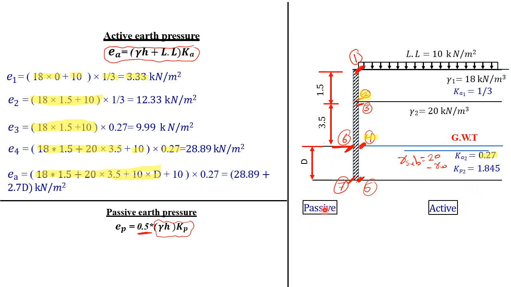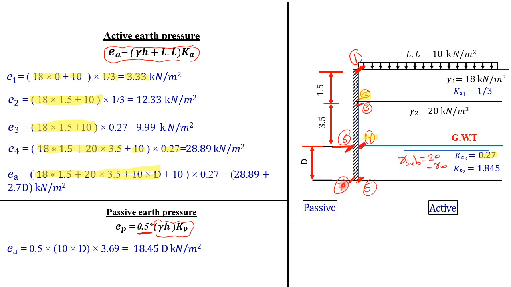Let's now look into the passive earth pressure. So at point number 6, I don't have a surcharge, I don't have any own weight of soil. At point 7, this should be E passive. I will correct it for you. So the E passive, it's 10D.